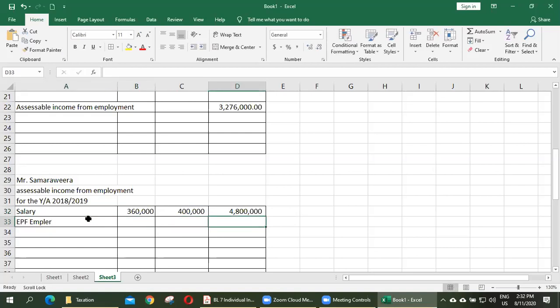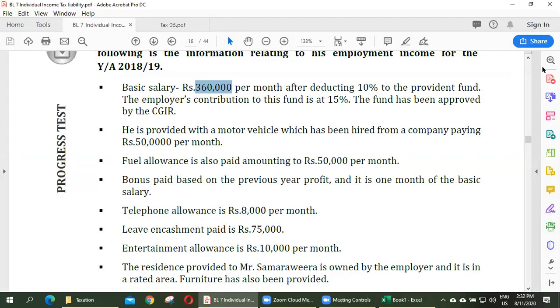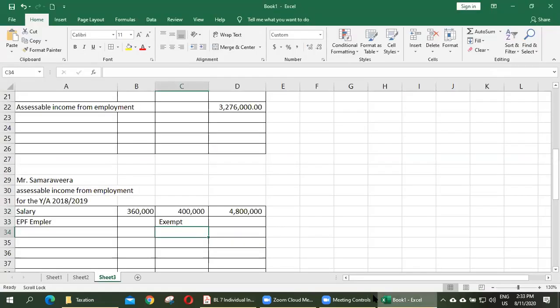It is exempt. And he has been provided with a motor vehicle, which has been hired from a company paying 50,000 per month. Market value is given directly.